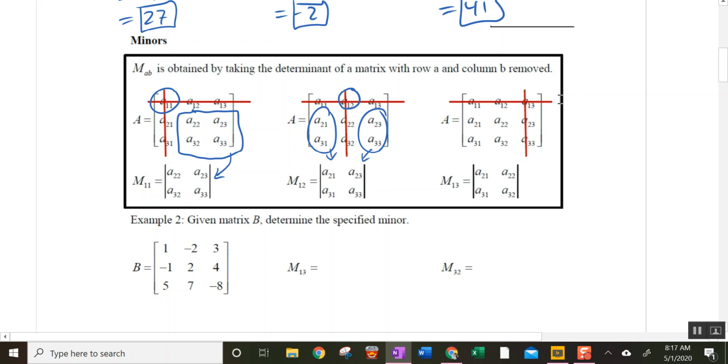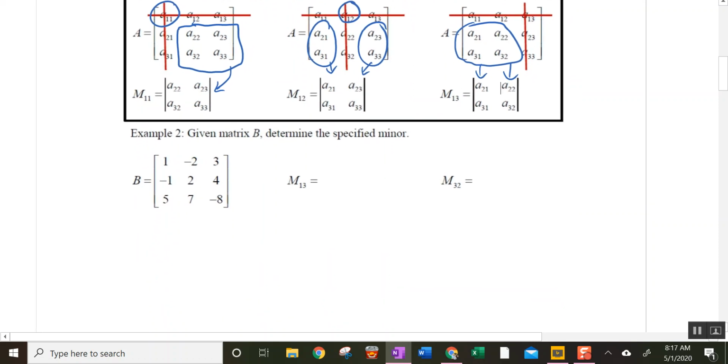If we do row and column for entry 1, 3, meaning row 1, column 3, again, what is left are these values right here, and that's what goes in the determinant. So if we were going to look at this matrix down here, we wanted to evaluate the minor for row 1, column 3. I'm going to cross out row and column.